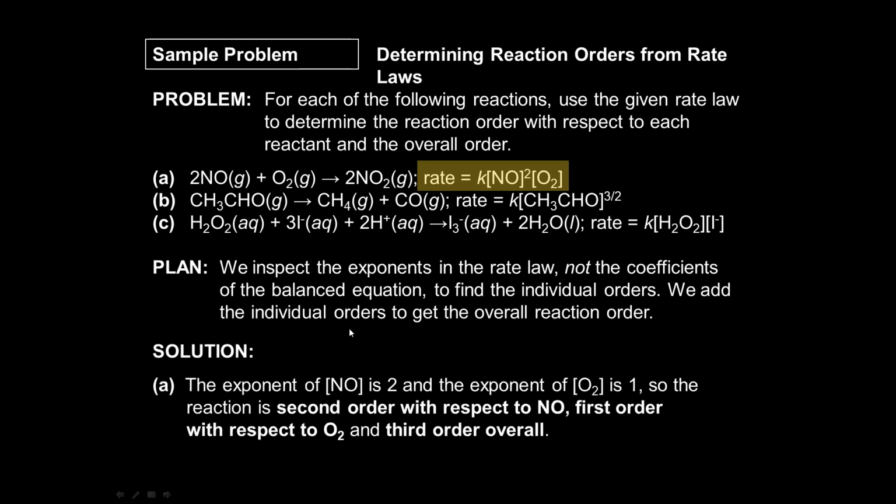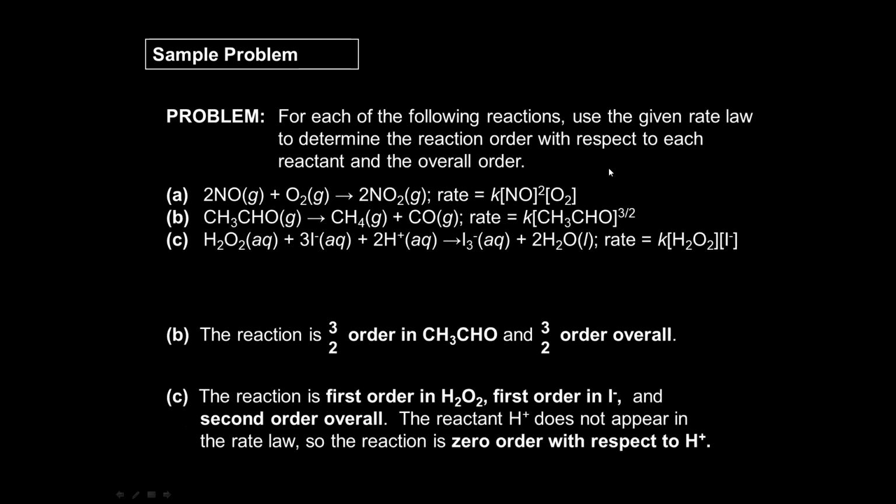In this case, the exponent is 2 for that nitrogen monoxide, and oxygen has the invisible 1. So we'll say it is second order with respect to nitrogen monoxide, first order with respect to oxygen, and third order overall.